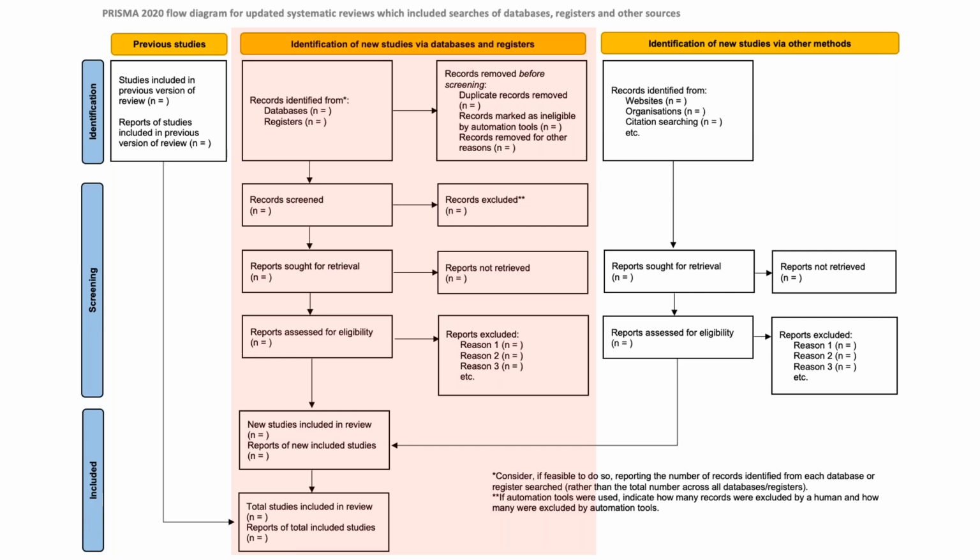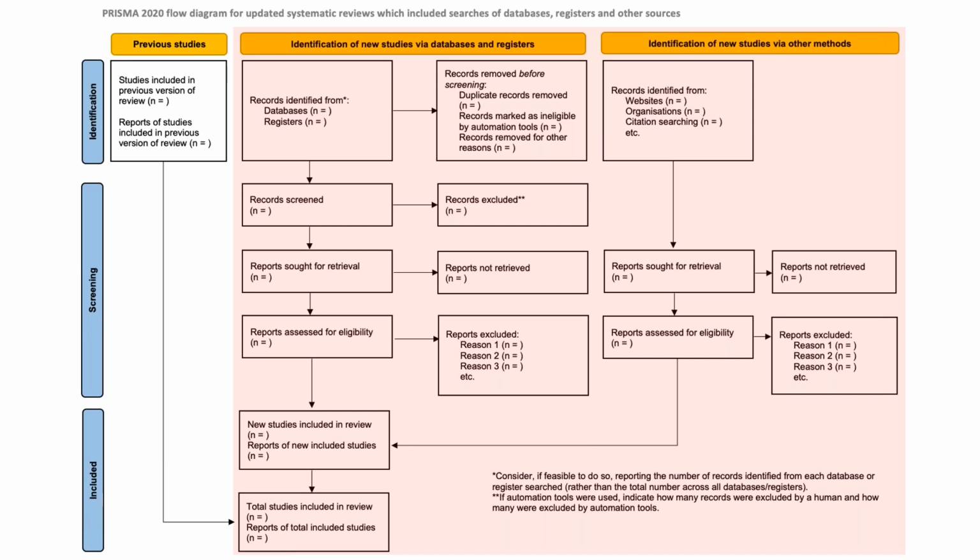And so if you only search databases and registers, then you only need to complete that middle panel. But if in addition you search some other sources such as websites or organizations, or citation searching from the studies you identified in that first step, then you can use this additional part of the flow diagram.